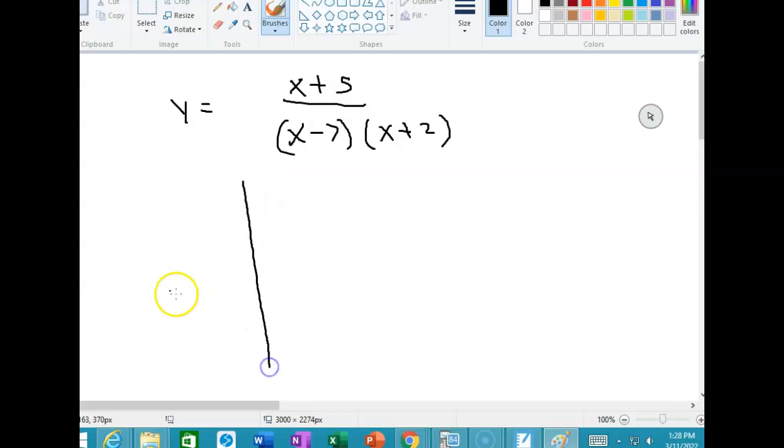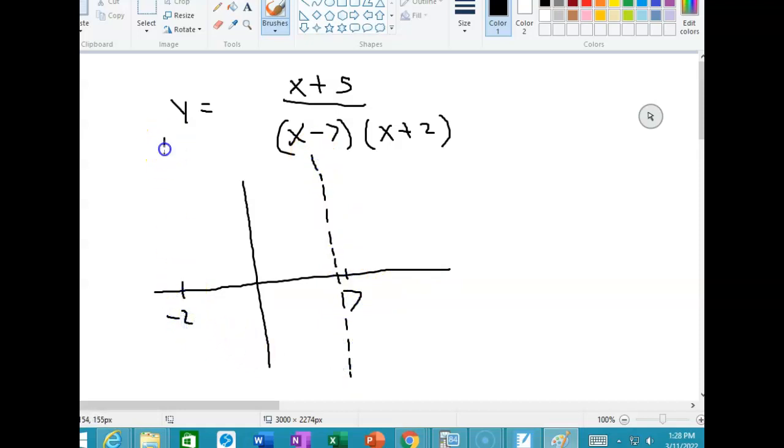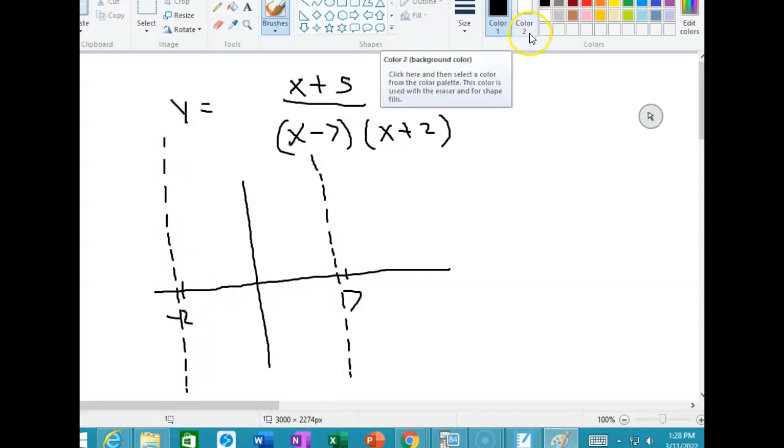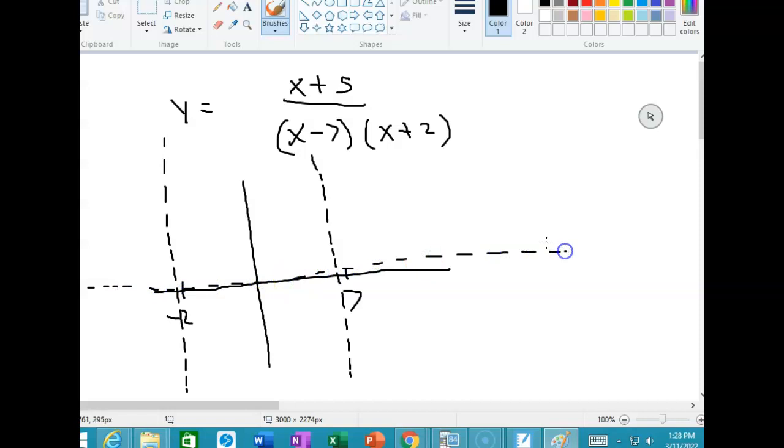The first step is to graph the asymptotes. So I'm going to have one at 7, and then one at -2, and then one at y equals 0. Okay, I have an x-intercept at -5.